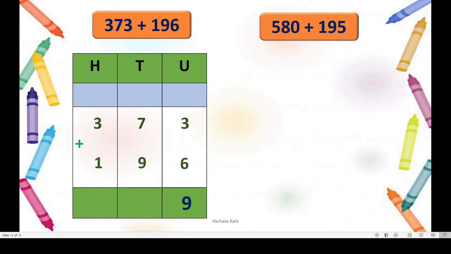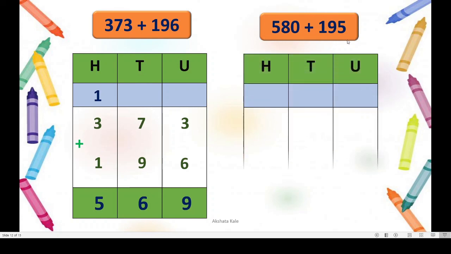Now 3 plus 6 is 9. 7 plus 9 is, that is 7 nines are 14 plus 2, that is 16. Correct? Here 6 we will write down and 1 will move to hundreds column. Then 1 plus 3 plus 1 is 5. Isn't it? Good. The answer is 569. Right?